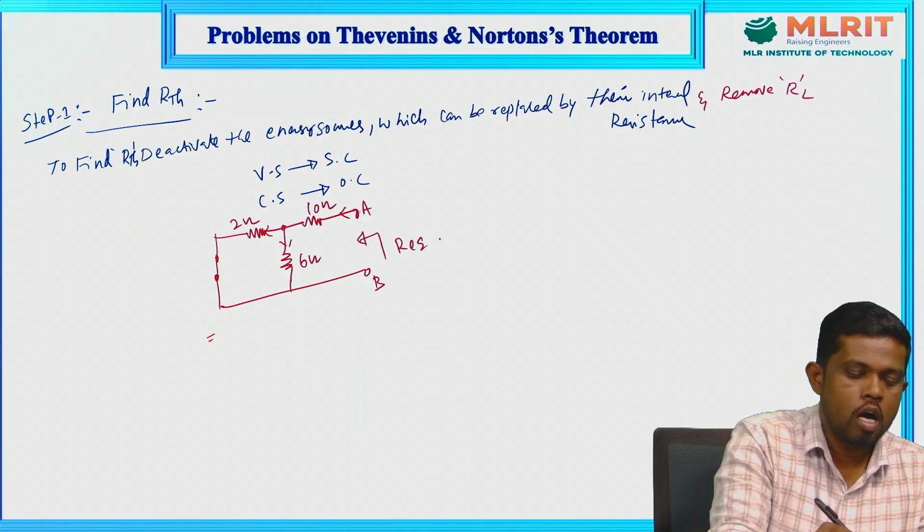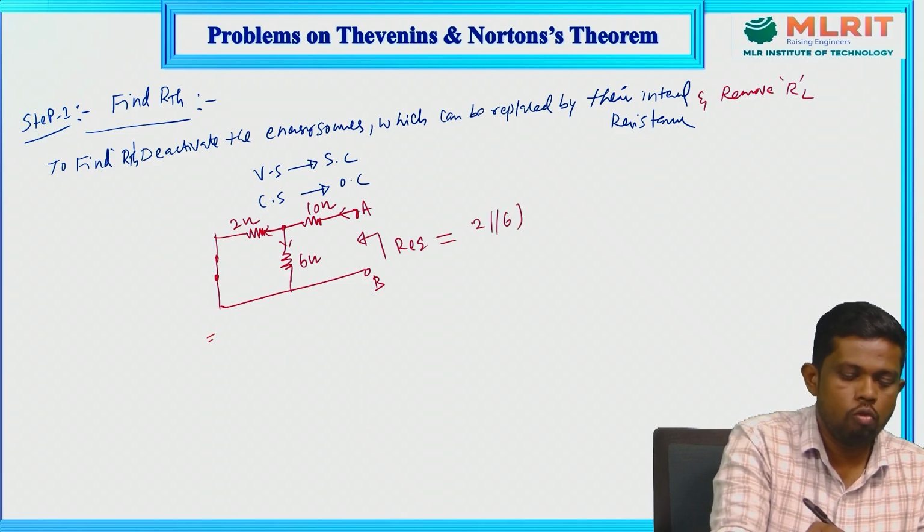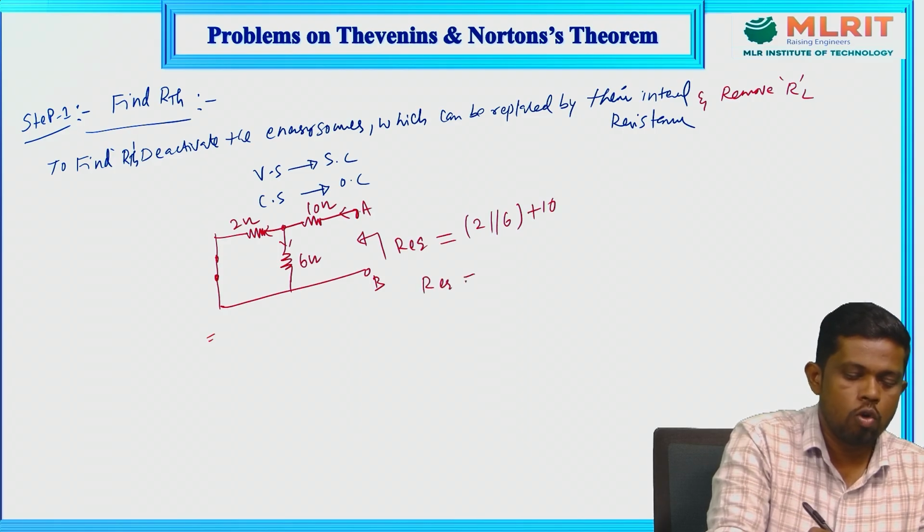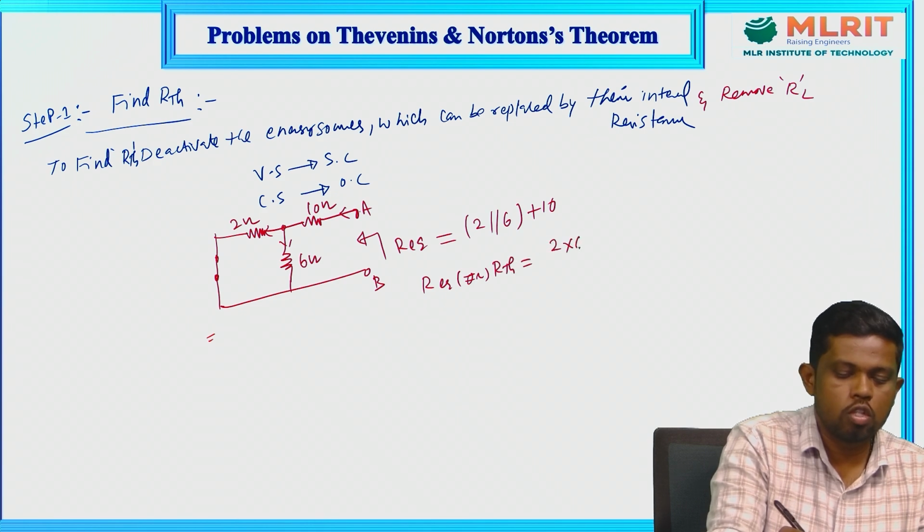So the R equivalent of the above circuit equals 2 parallel to 6, in series with 10. That is, RTH equals 2 into 6 upon 2 plus 6, plus 10.